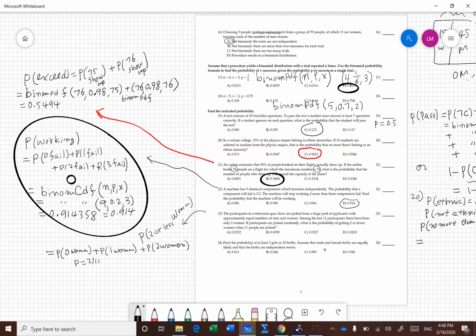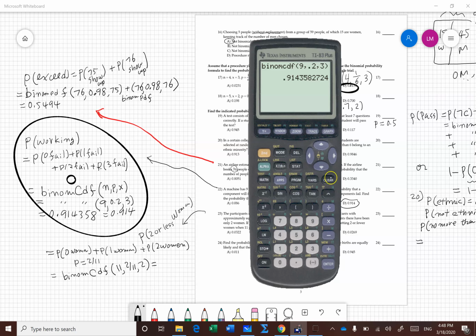So this probability is binom. Now you can do CDF because we start from 0. Okay, so 11, 2 over 11, up to what? 0, 1, 2. So you go to 2.